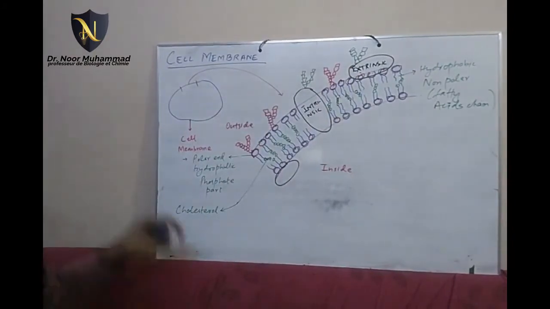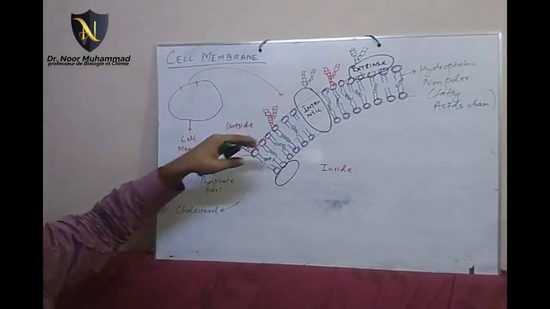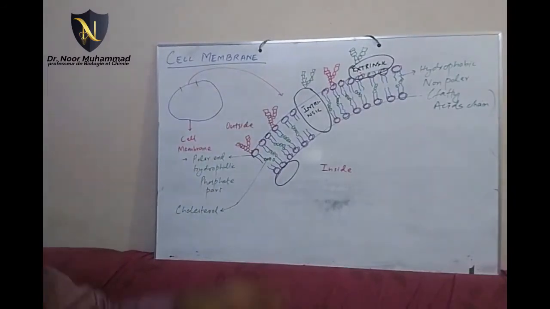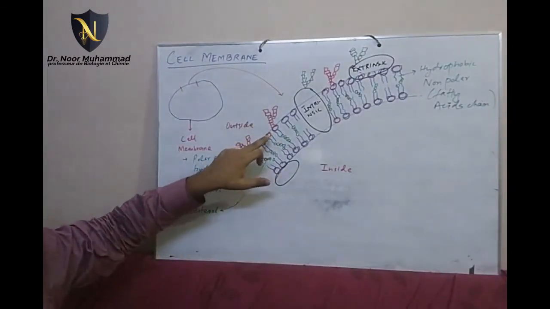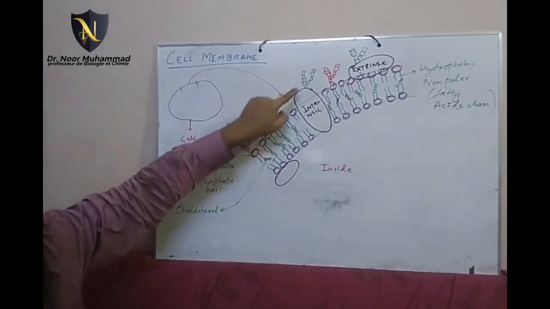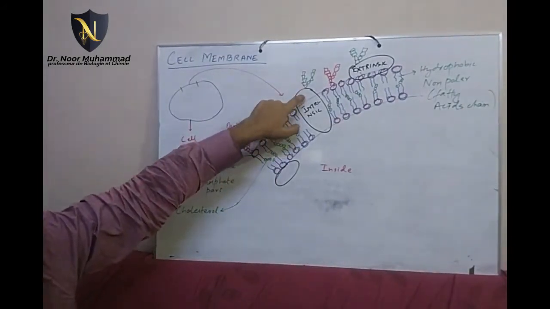So here you can see that there is a continuous presence of these kinds of carbohydrate molecules which are either attached to this phospholipid molecule or are attached to the protein molecules.